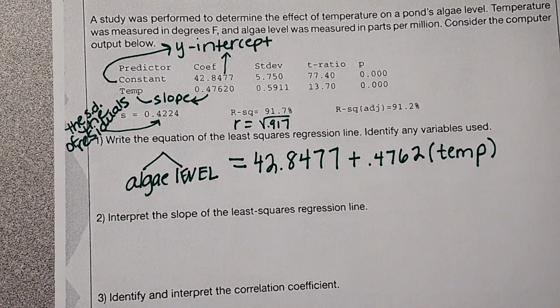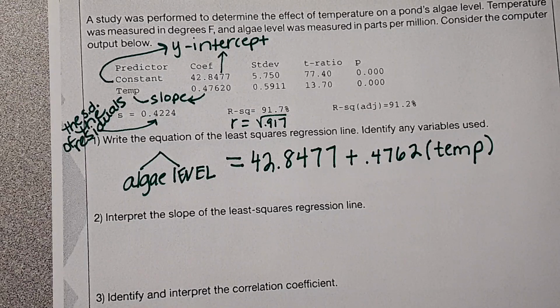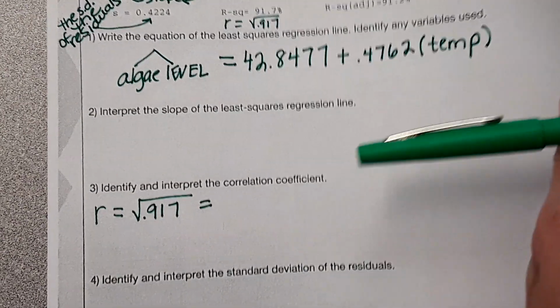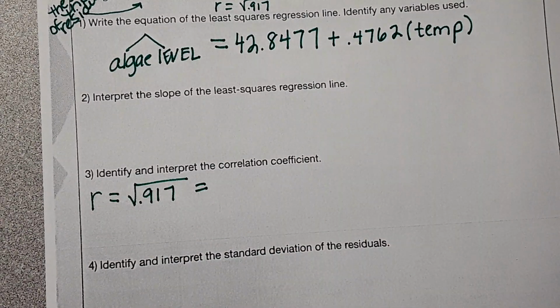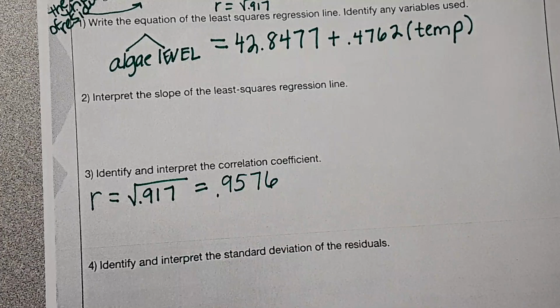So the correlation coefficient is R. And to find R, I've already explained it, is to take the square root of R squared. There isn't anything that you guys have to worry about. It's just R. And then what do you get? 0.9576.